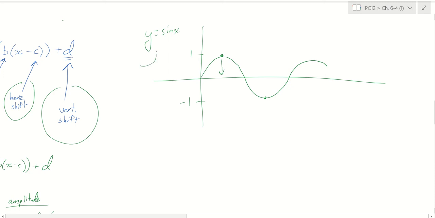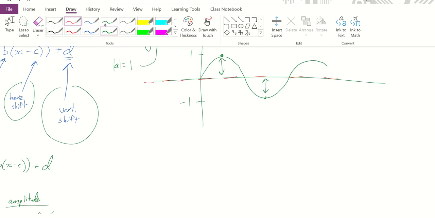And so the amplitude, we could say, is really, well, here we know that the a value is equal to 1. So the absolute value of a is also equal to 1, right? Because there's no coefficient explicitly written, so the number in front is really just 1. And we could also say that the amplitude is really just the distance between this center line point and either a maximum or a minimum. It's up to you. They'll be equivalent.